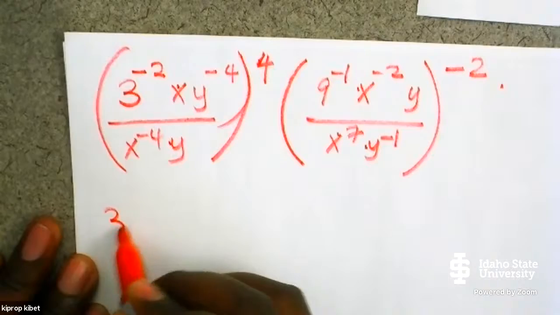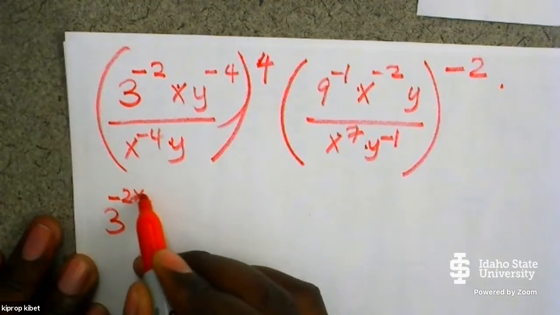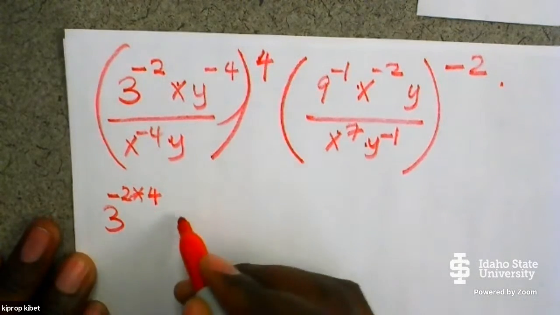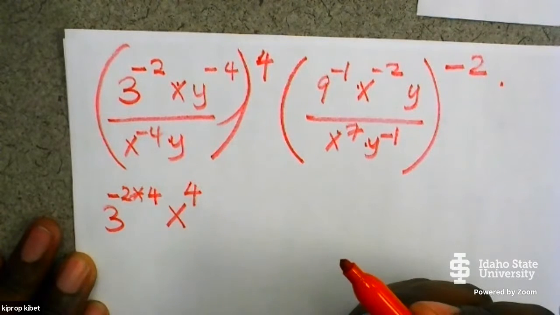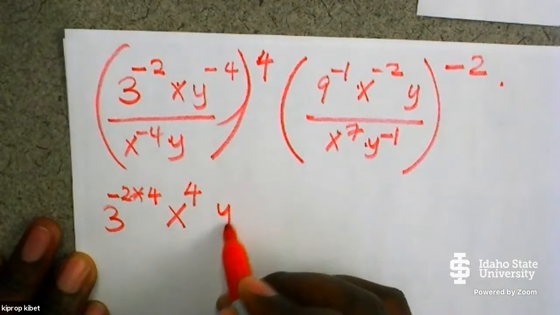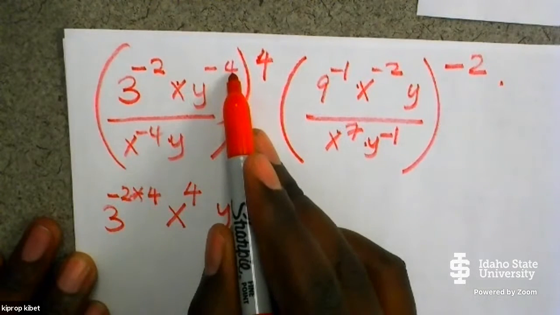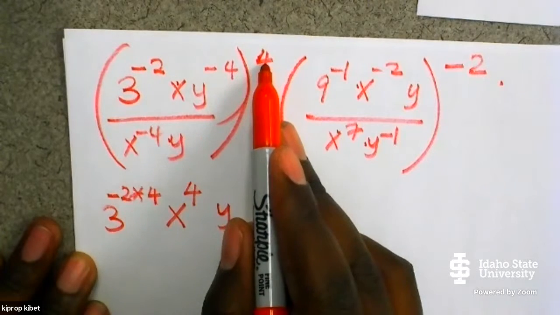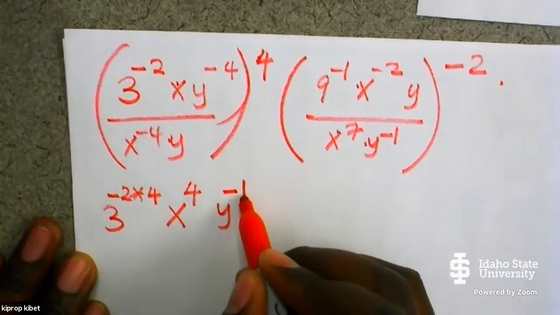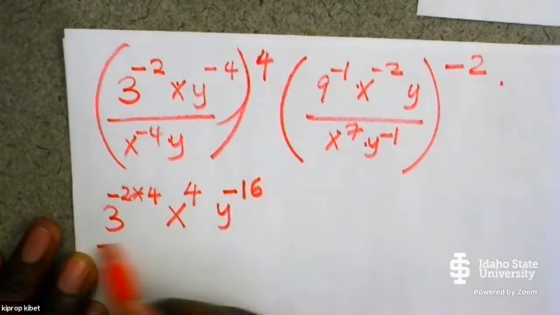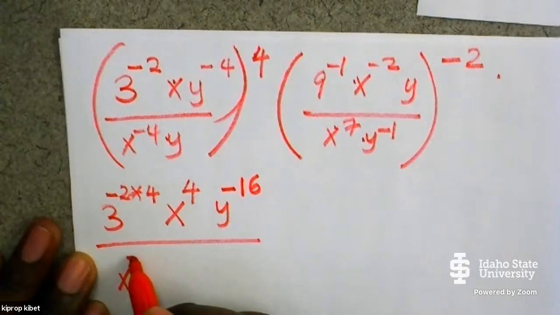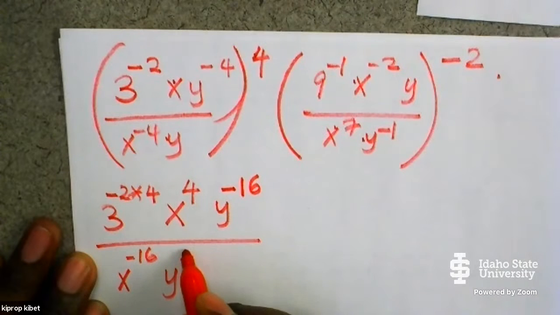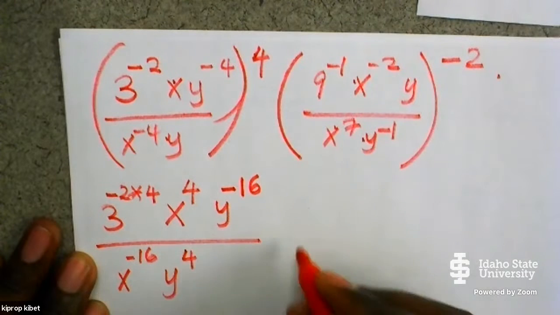So it will be 3 raised to minus 2 multiplied by 4, x raised to 1 multiplied by 4, which is 4, y raised to minus 4 times 4, which is minus 16, all over x raised to minus 4 times minus 4 is minus 16, and then y raised to 4. So that is one side.